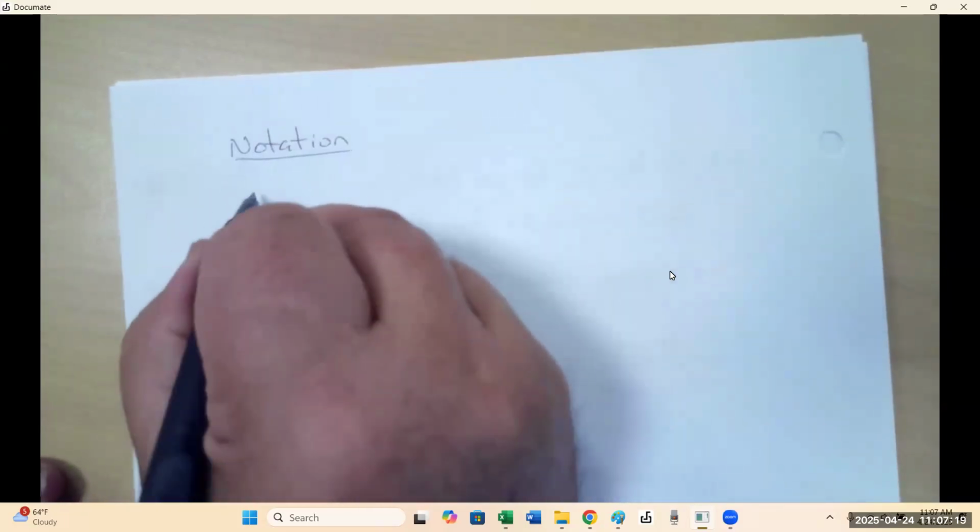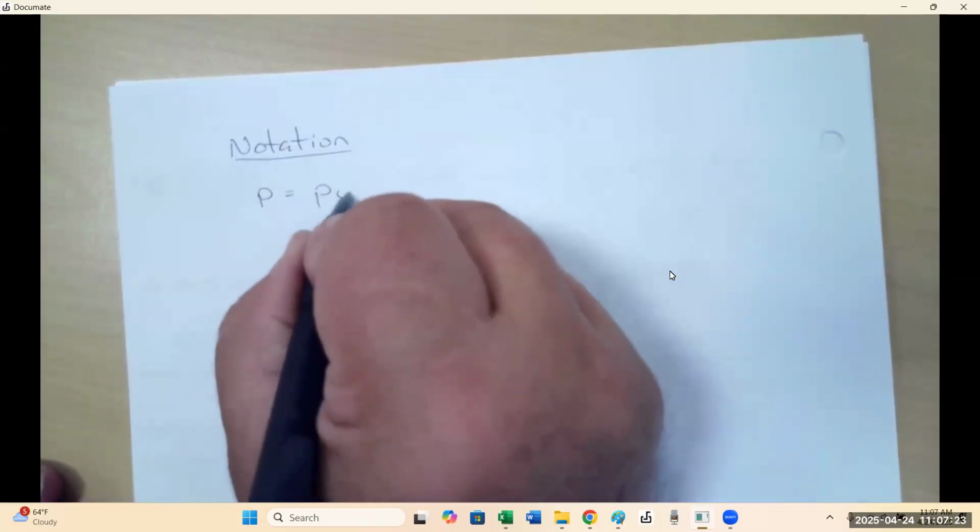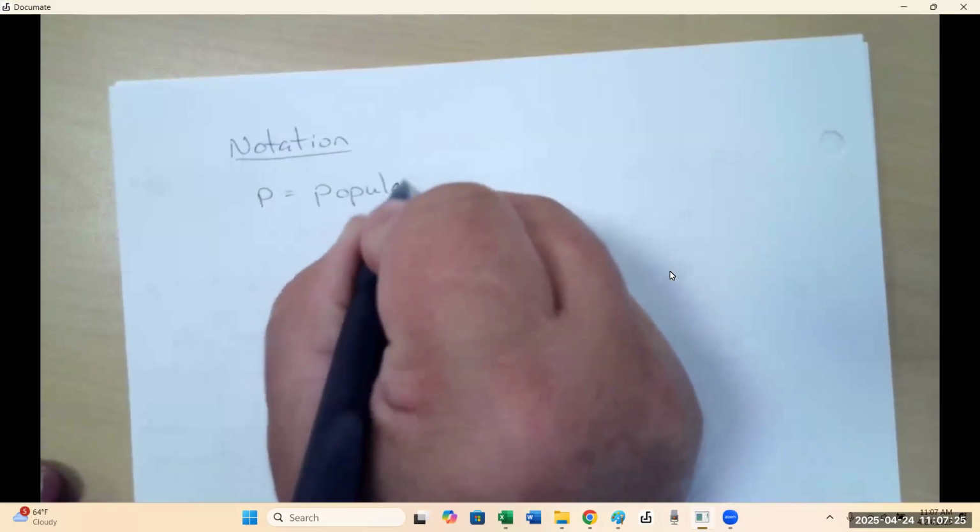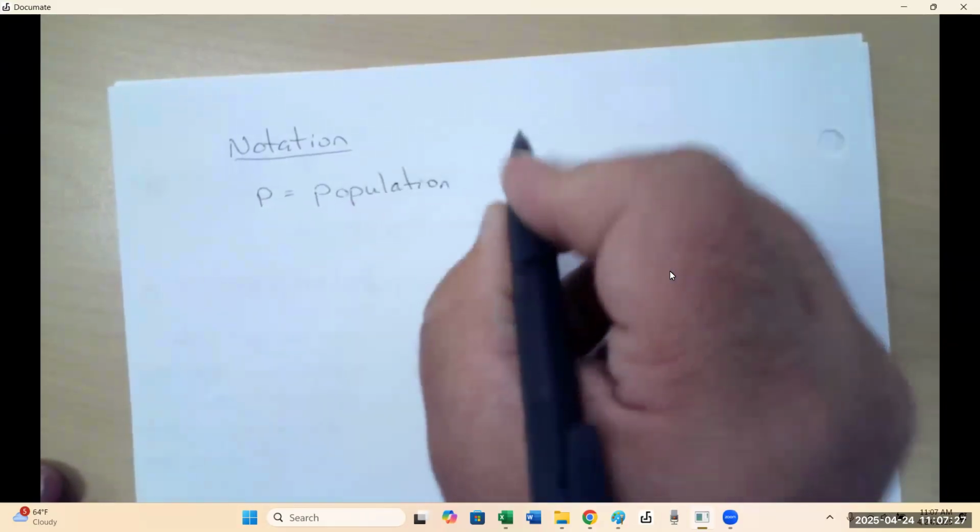Notation we're going to use in this section. The P represents the population proportion.